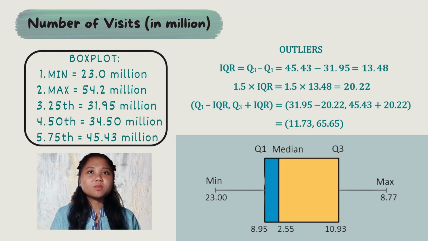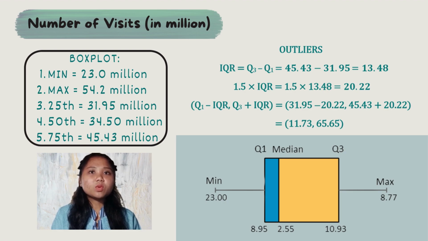So to look for an extremely low value, take Q1 31.95 minus 1.5 times the IQR 13.48, which equals 11.73. And to find an extremely high value, it must be larger than Q3, which is 45.43 plus 1.5 times the IQR 13.48, equals 65.65.